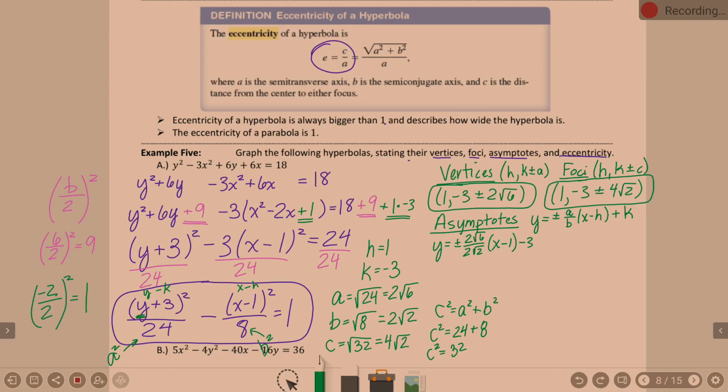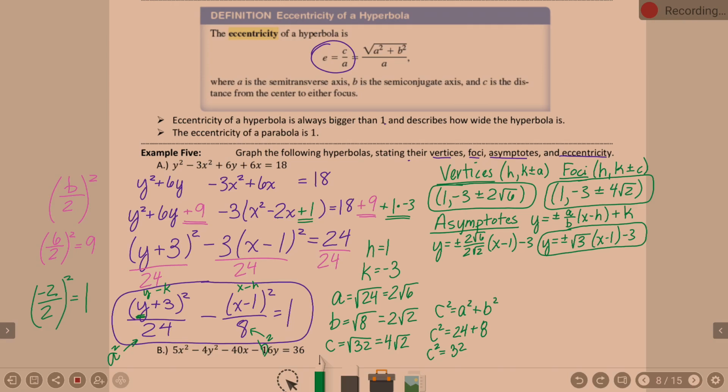The 2's will cancel. What's the square root of 6 divided by the square root of 2? Square root of 3. So out front, this can just become y equals plus or minus the square root of 3 times x minus 1 minus 3. If you would have done square root of 24 divided by square root of 8, you also would have gotten the square root of 3.